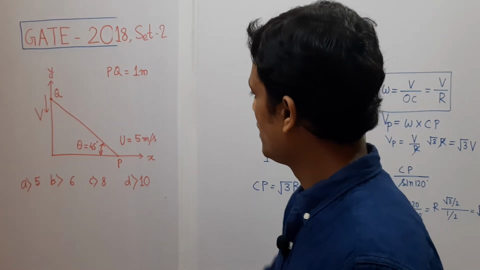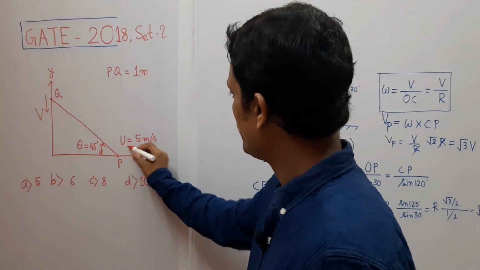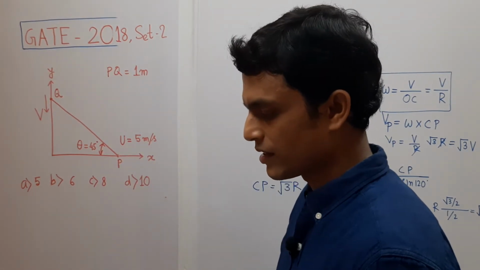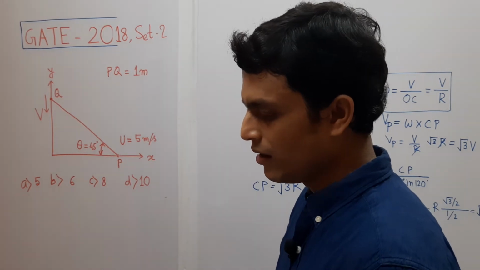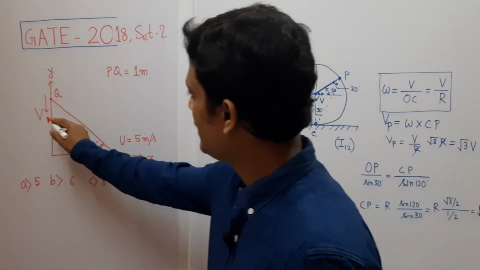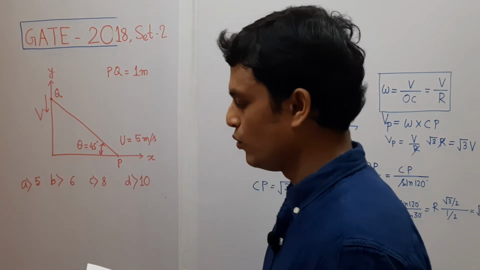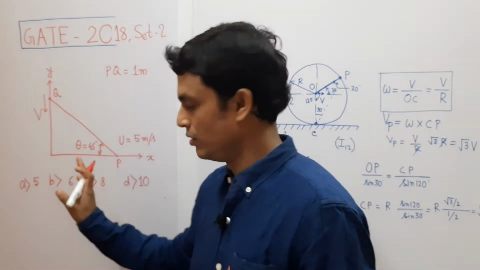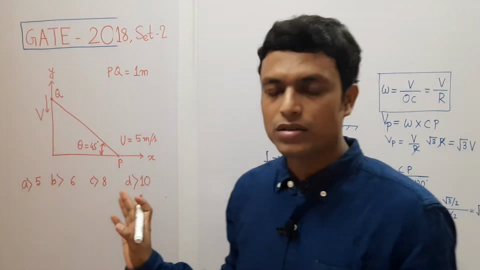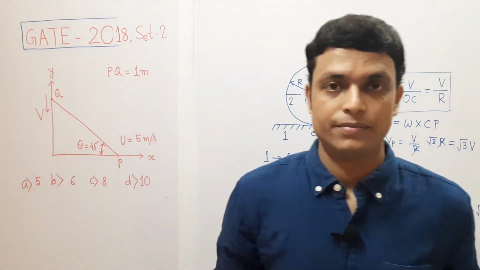Point P is dragged with a velocity of 5 meter per second. What is the velocity v at point Q, which moves along the wall without losing contact? So the rigid link will not lose contact with the wall.